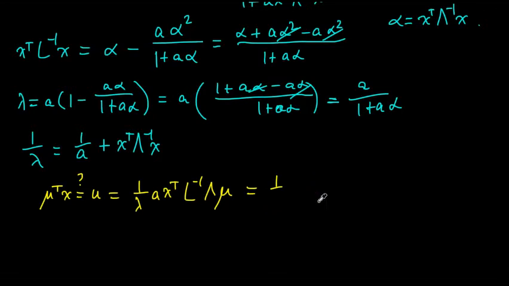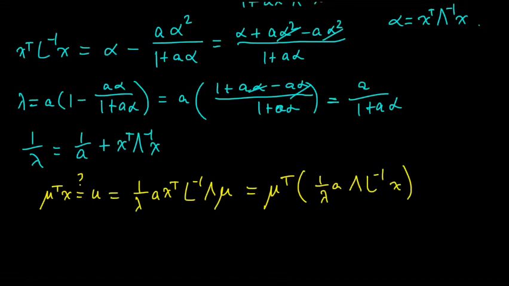Actually, let's do it this way. Sorry, I keep changing my mind. Mu transpose, I'm trying to make it look like this side. Mu transpose 1 over lambda a, lambda transpose equals lambda, L inverse transpose equals L inverse x. Okay, that's what we want.